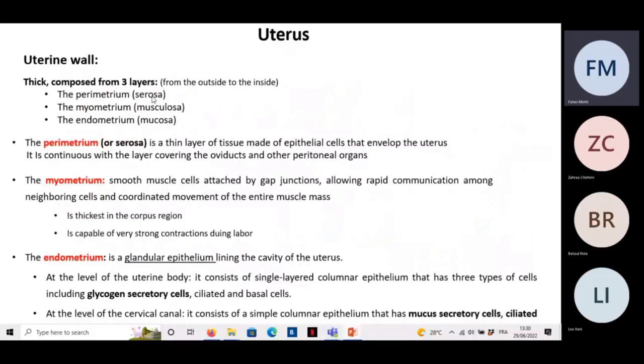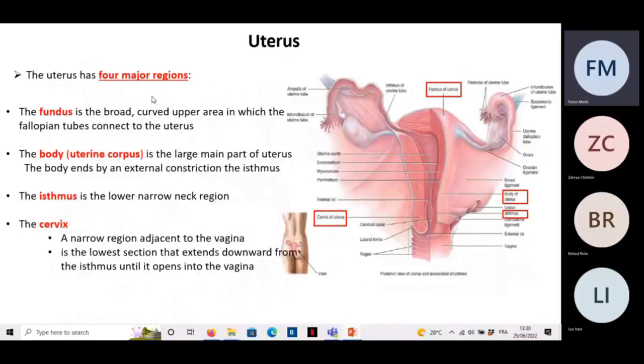The first layer composing this tissue is the same serosa that extends to cover the uterus. It is a thin layer of tissue made of epithelial cells that envelops the uterus.